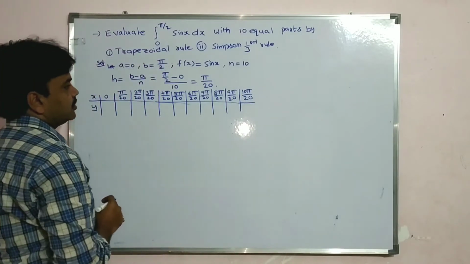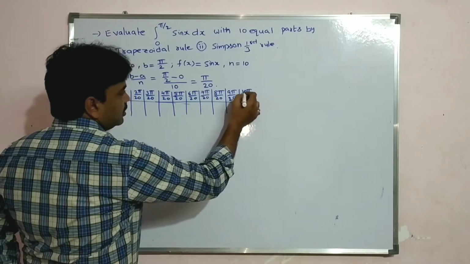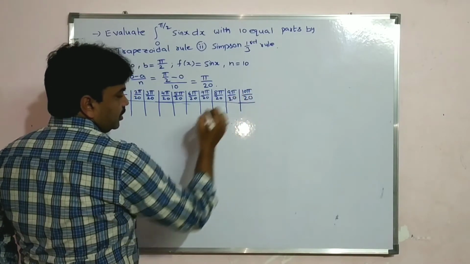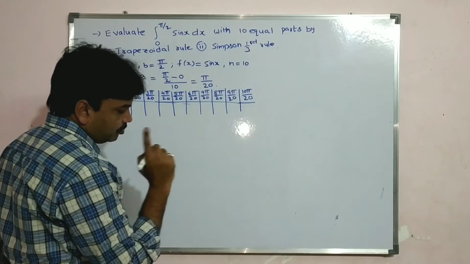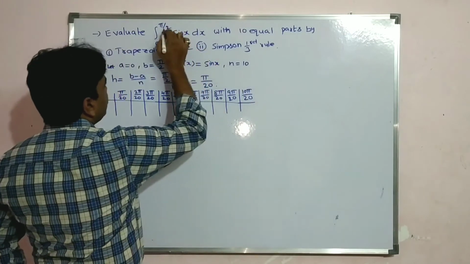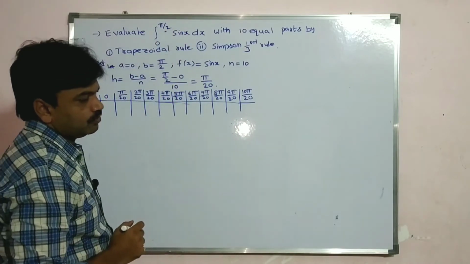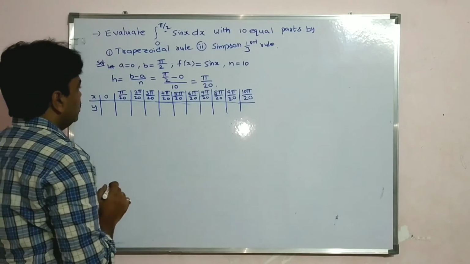Because here the 0 and 0 cancel, we get pi by 2. Please remember, 0 and 0 cancel here, pi by 2. What is our upper limit, students? Upper limit is pi by 2.